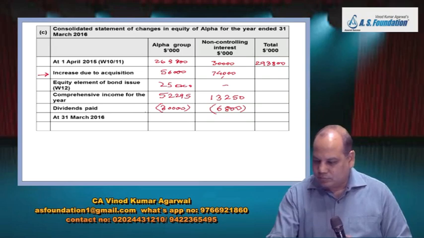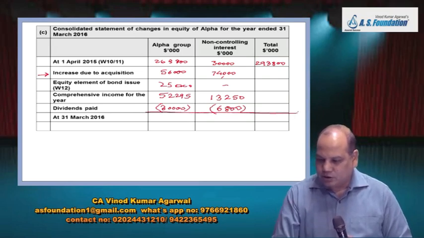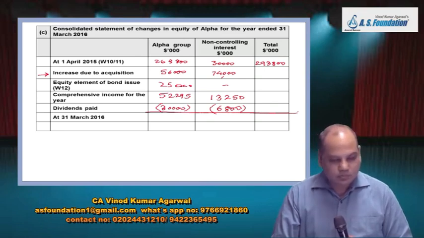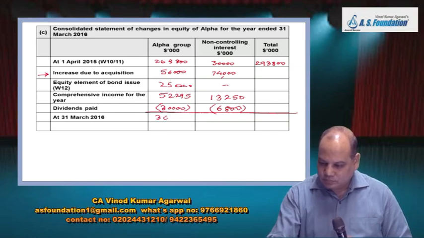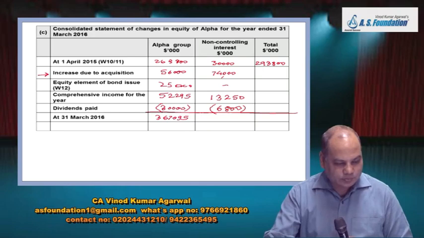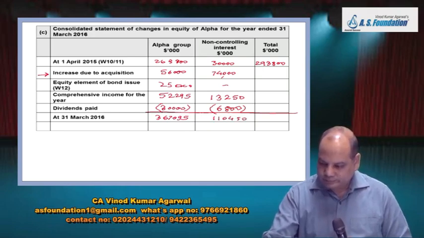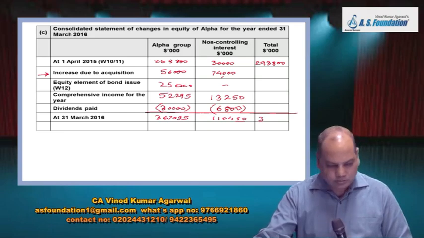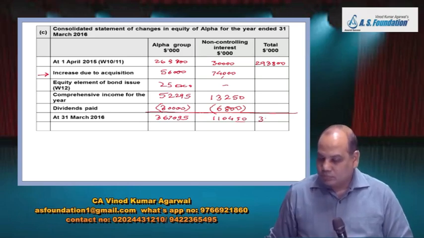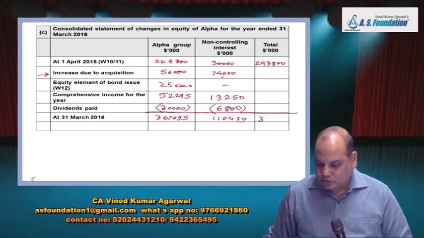So what is the last line? Alpha's group 36095. NCI total 477545.